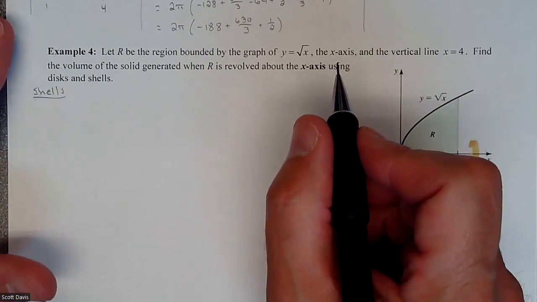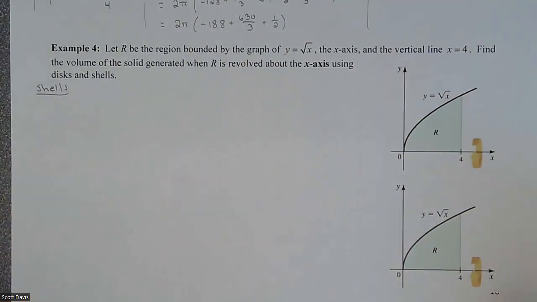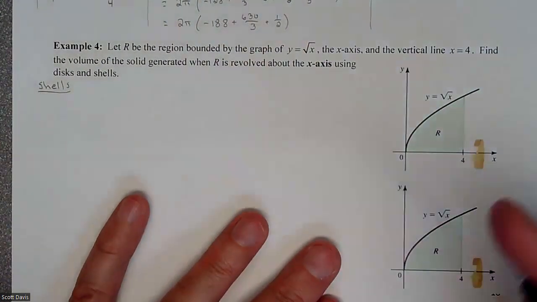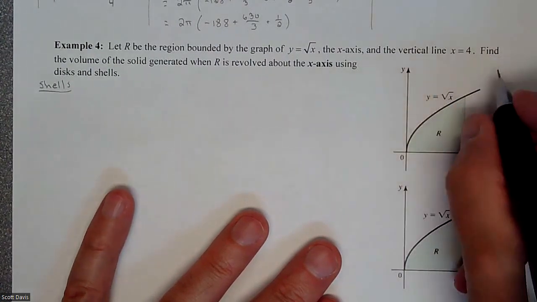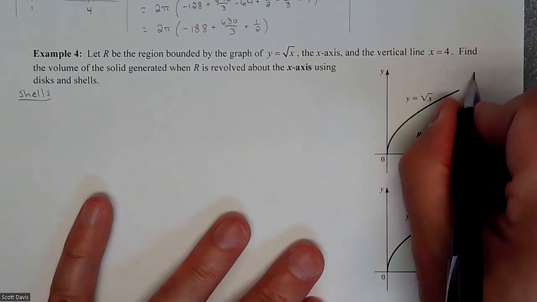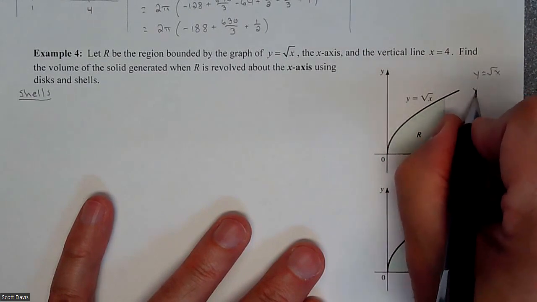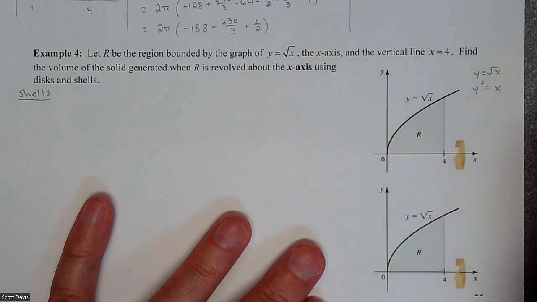First, we need to turn things into terms of y's. Here I have two copies of the same graph, and this one I'm going to adjust. I have y equals the square root of x, so I'll square both sides: y squared equals x.